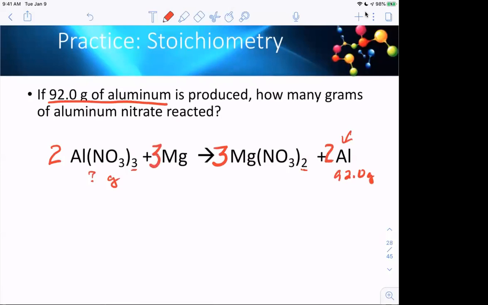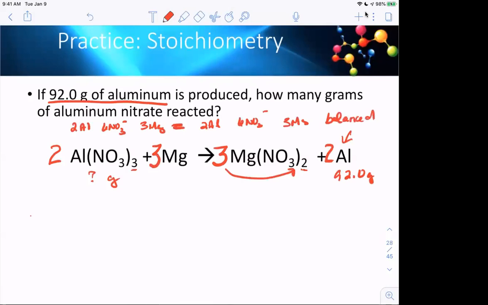So here I have 2 aluminum, 6 nitrates, and 3 magnesiums. And then I have 2 aluminum, 3 times 2 is 6 nitrates, and then 3 magnesium. That is equal, so I am balanced.